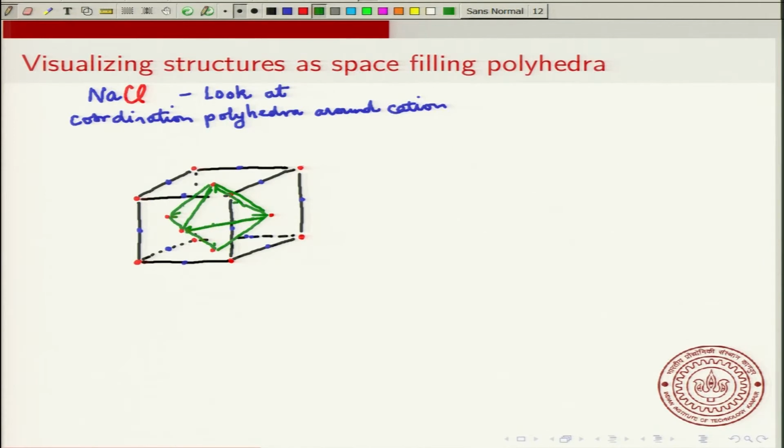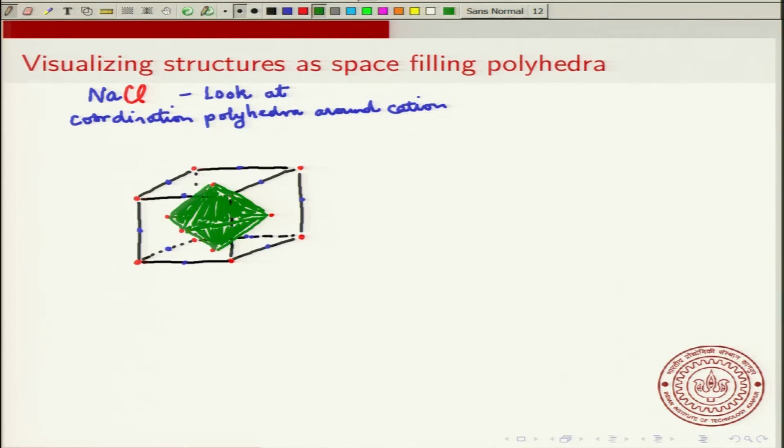And we will just shade it to emphasize. This octahedron will contain only the sodium atom at the center and no other atom. No other atom will be inside this octahedron. So, this octahedron is a coordination polyhedron for this sodium atom.